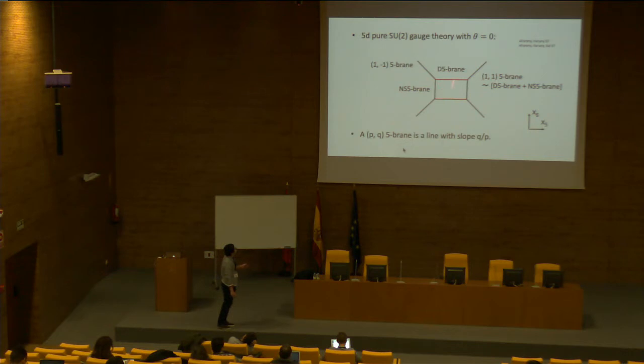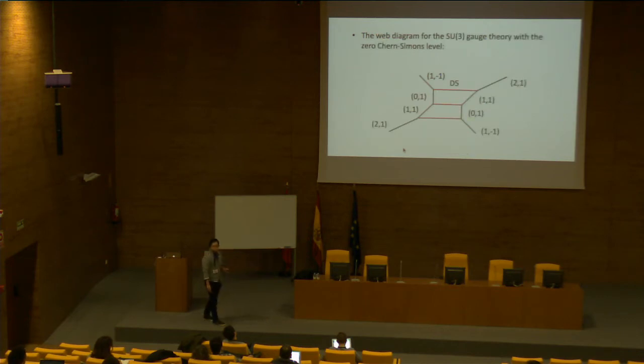Since we have these two D5 lines that are parallel to each other, this diagram represents some SU(2) gauge theory. And when a D5 line meets an NS5 line, due to charge conservation, we will have this (1,1) 5-brane, which is a kind of bound set of D5 and NS5, and also a (1,-1) 5-brane here. A (p,q) 5-brane in general is represented by a line with slope q over p.